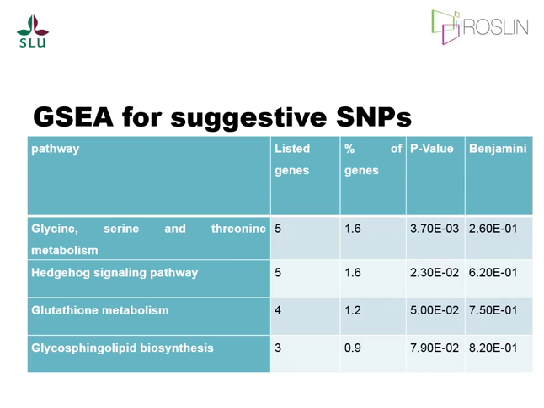Then we have an idea if there are clear processes that come up, and there's hedgehog signaling, glycine, serine, and threonine metabolism, but none of those are really screamingly significant. But it's at least another way of looking at our results.